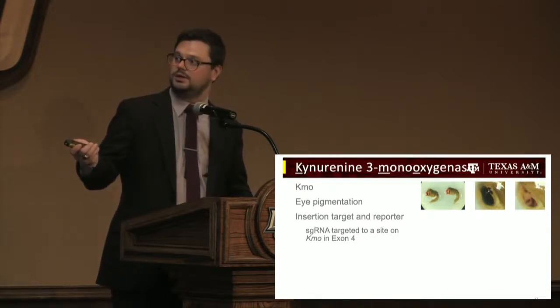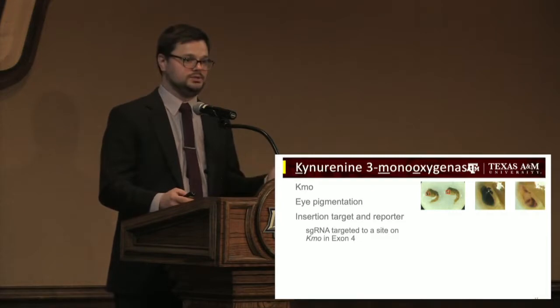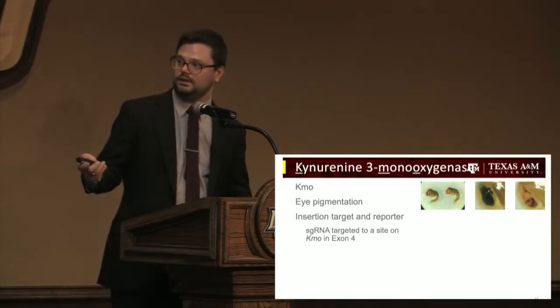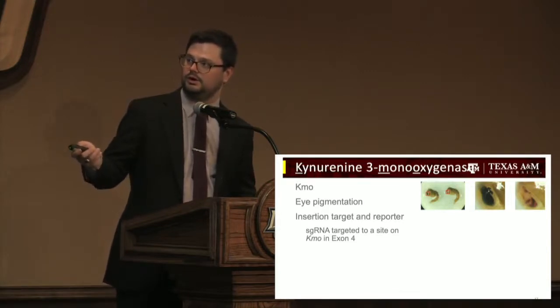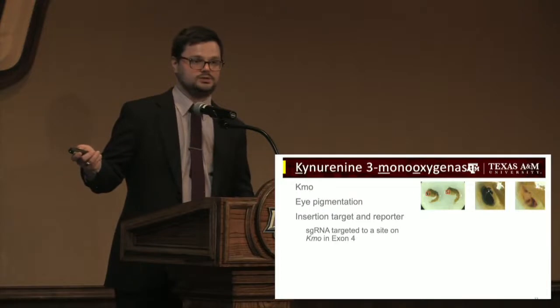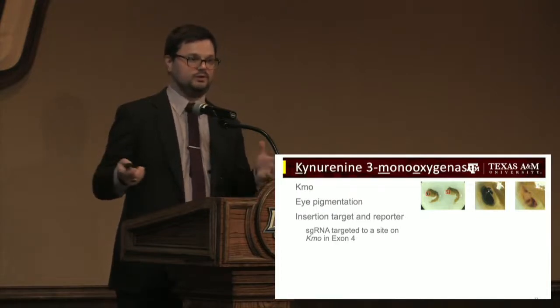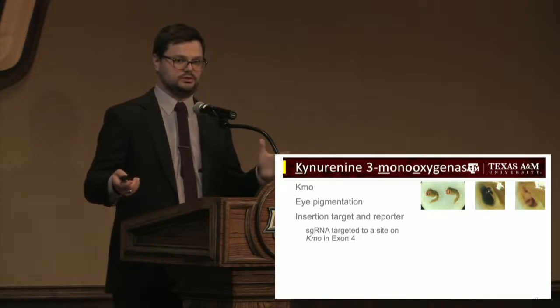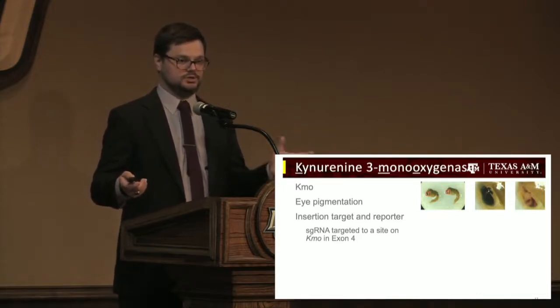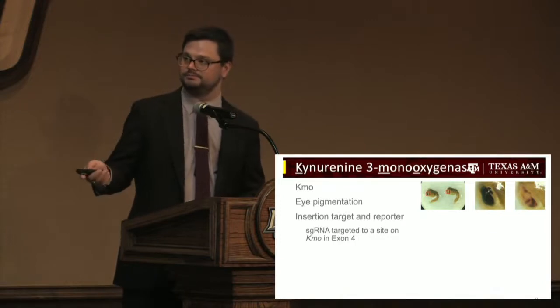The white ones here, the Cas9 did get to, and so that gene is knocked out, so they're not producing pigment. Exon 4 is the target, and then for the reporter, we can look at their eyes. If they have white eyes, we know that gene's knocked out, or we've done something to that gene, so that lets us know that our Cas9 is working and our sgRNA is targeted to the right place.